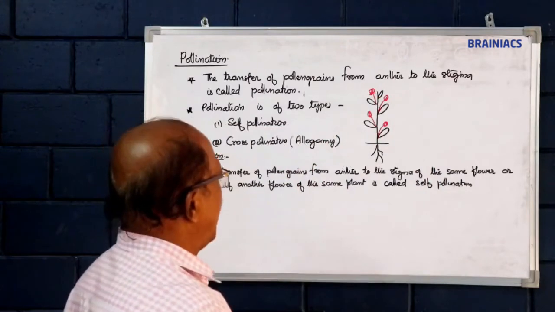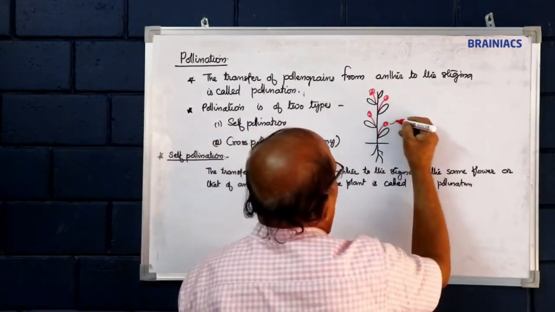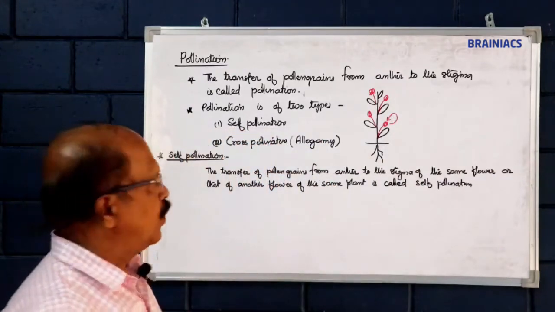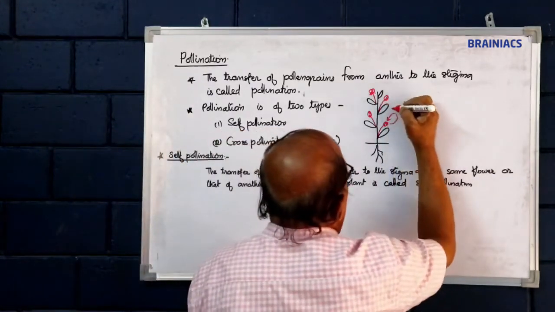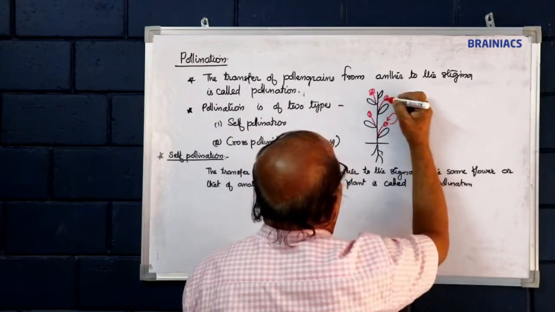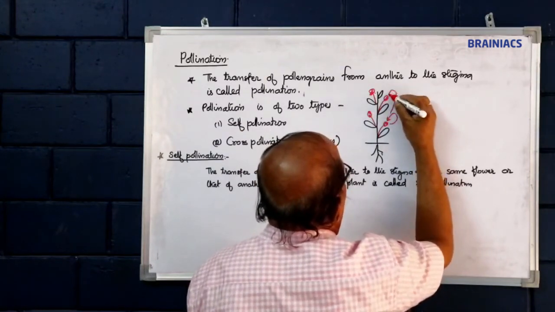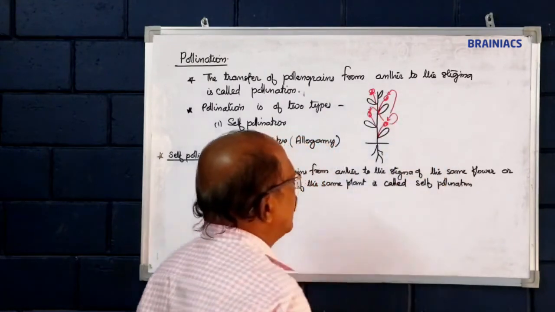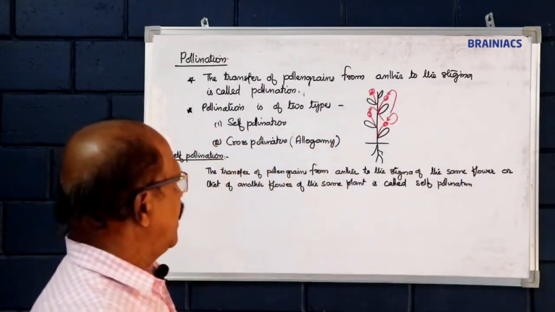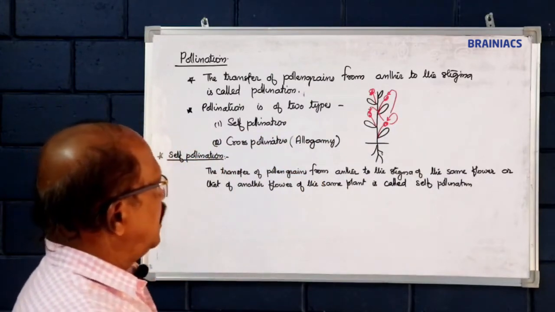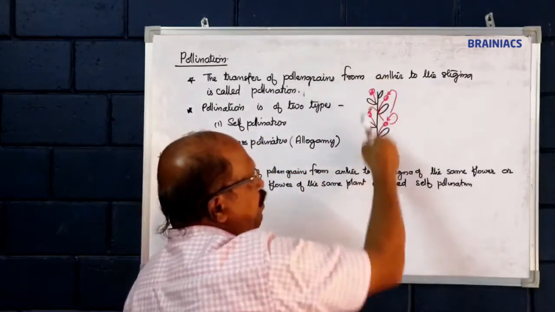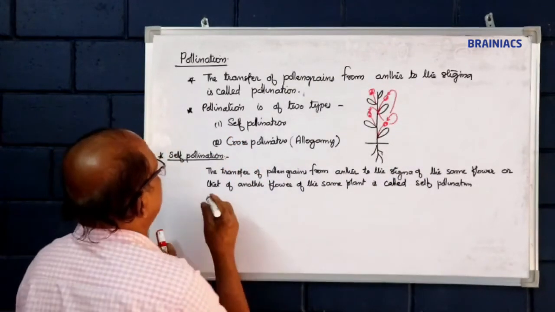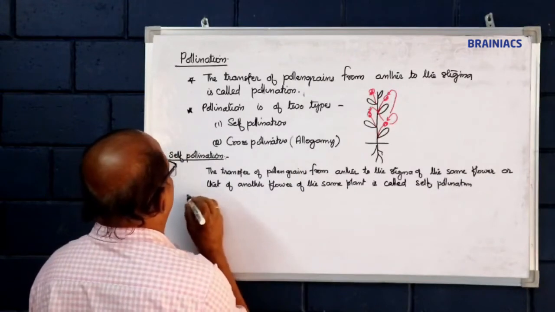Transfer of pollen grains from anther to the stigma of the same flower or that of another flower of the same plant. So pollination takes place in the same plant, that is self-pollination. Self-pollination is of two types.